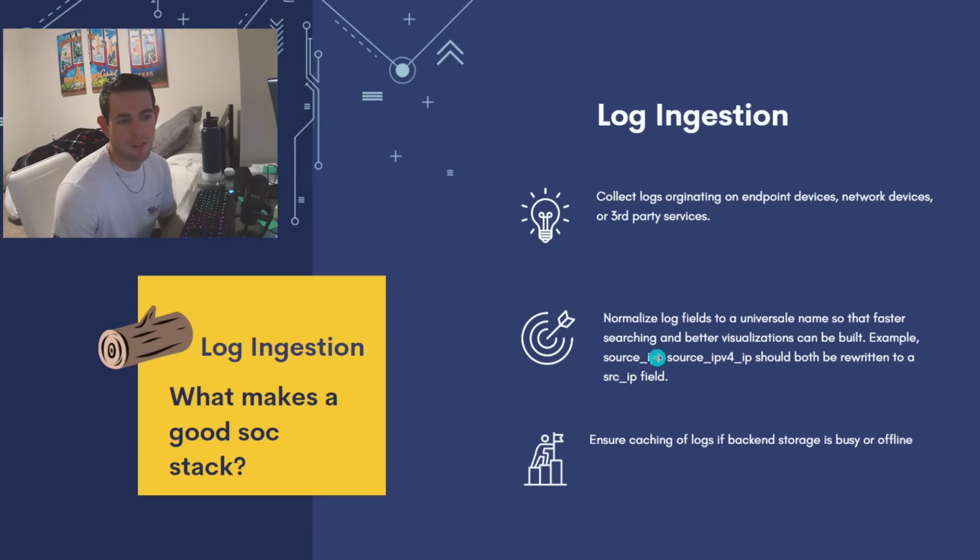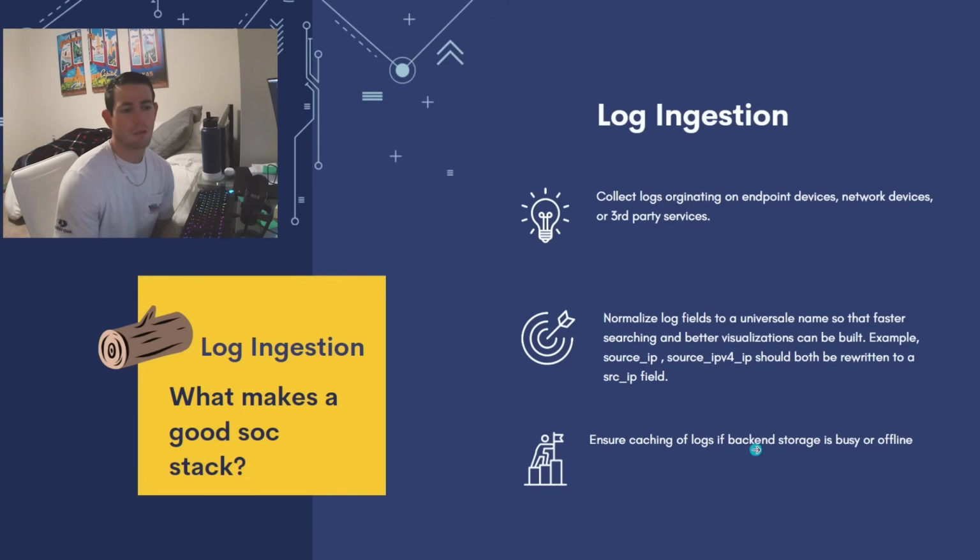Well, these are two different fields that contain roughly the same metadata, and we want a way to rewrite these to a common universal field. This will allow us to build universal dashboards. This will make our alerting configuration much easier because we're not having to create separate dashboards or separate alerts for, let's say, source_IP or source_IPv4_IP. We're not having to run through the same task because we're able to normalize these two different field names into one. And that'll hopefully become more obvious in our example later on.